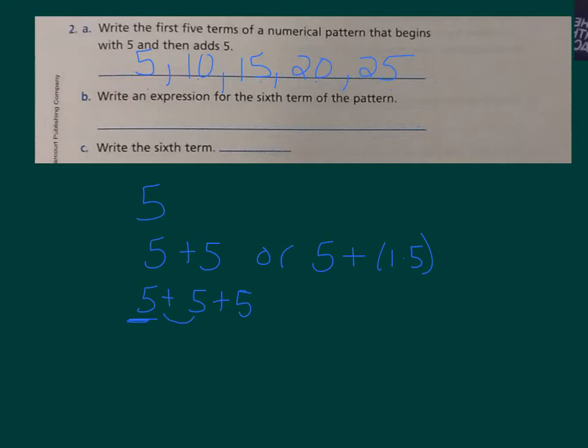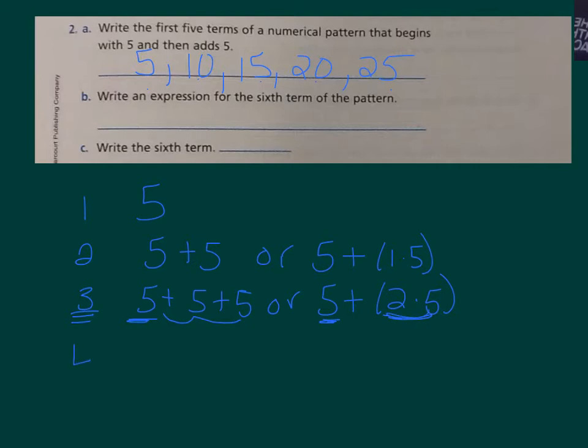I add 5 for the second, add 5 for the third, or we can say it is 5 plus 2 times 5. Even though this is the first term, this is the second term, and this is the third term, instead of saying 5 plus 3 times 5, we're doing 5 plus 2 times 5, because remember, that first 5 represents the first term, and this is how I get to the next 2 terms after that.